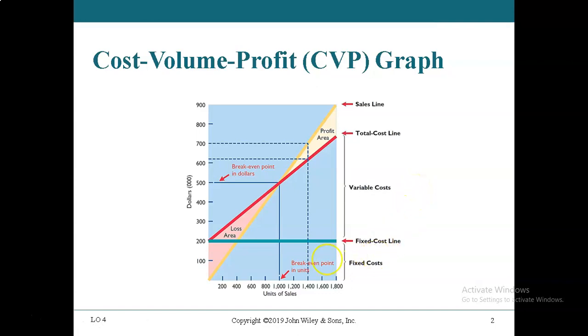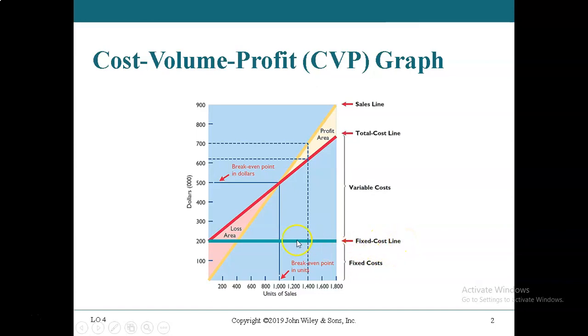The first cost is called fixed cost. So you can see that fixed cost is this line here. It's a straight line. Fixed cost is always per unit of time. For example, fixed cost might be per month, or it could be something that's per quarter or per year.